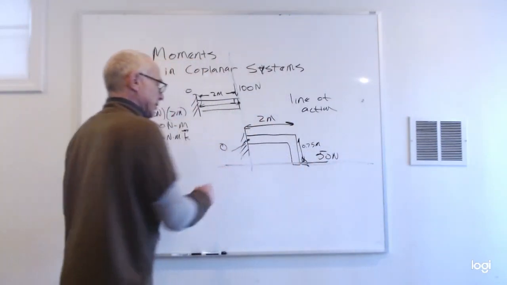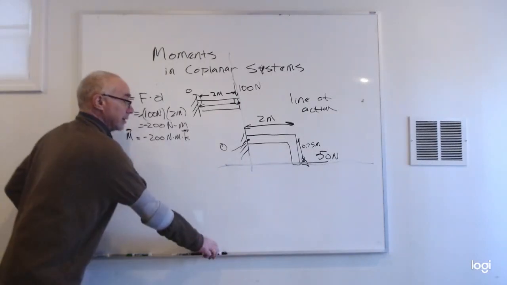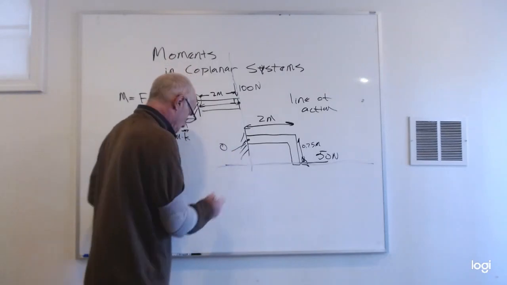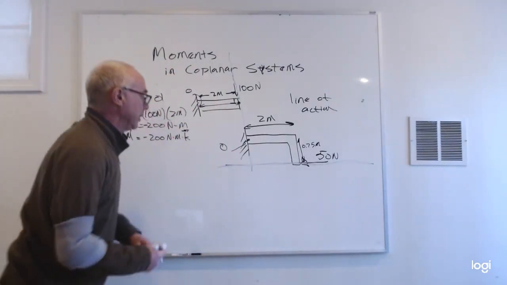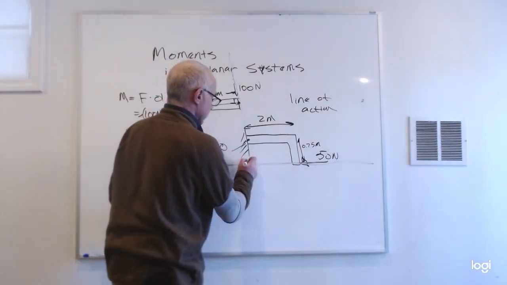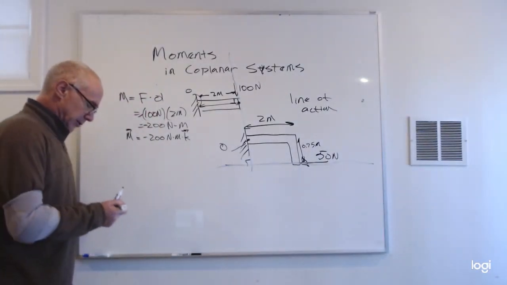That's my line of action. Now I find the perpendicular distance, which in this case is going to be right at that point. And I'll draw my little box in green to show you that it's perpendicular, right?